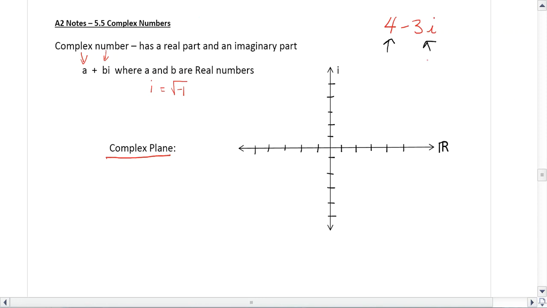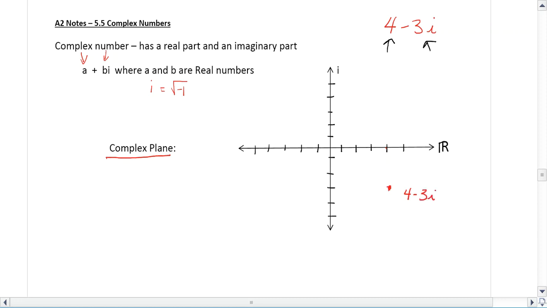If I were to go ahead and graph this 4 minus 3i, the horizontal, the real axis, is the 4, so we would go to the right 1, 2, 3, 4, and then the -3i, the imaginary part, is going down 1, 2, 3, and so right here, this point is 4 minus 3i.